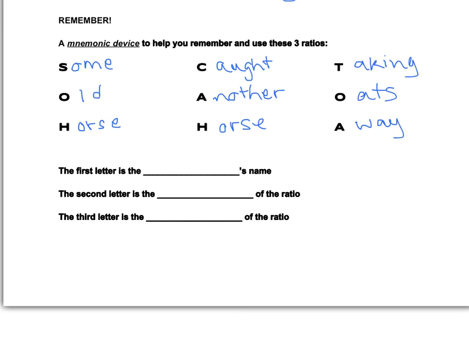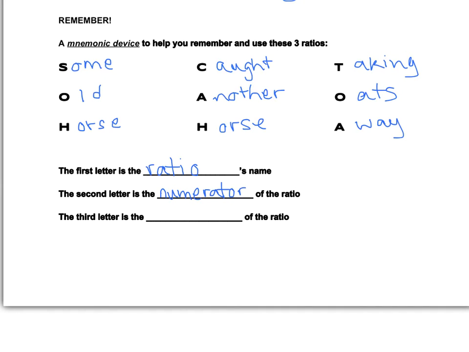The first letter of each one of those stacks you can see is the ratio's name, meaning sine, cosine, or tangent. The second letter in each of the 3-letter groupings is going to be the top part, or the numerator, of your ratio.